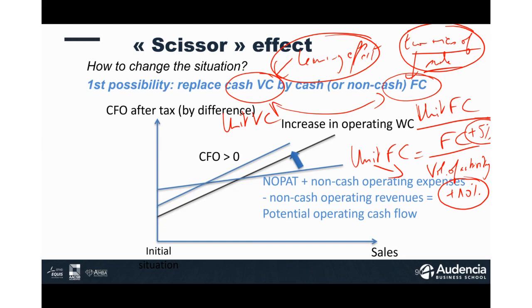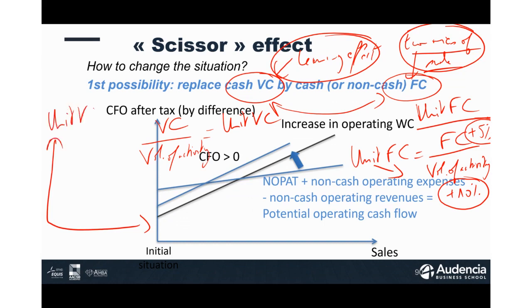And it's the same for the unit variable cost. The learning effect is when you have to increase less the variable cost than you increase the volume of activity. Generally, for the unit variable cost, we suppose we have this kind of curve.